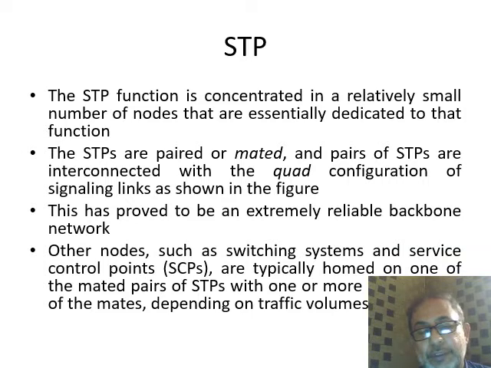Only a few nodes are used to have this particular function, because all the nodes do not require that. One more thing, in addition to the telephone exchanges, we do have SCPs also. SCPs are service control points, which are basically databases which are used in our signaling system.